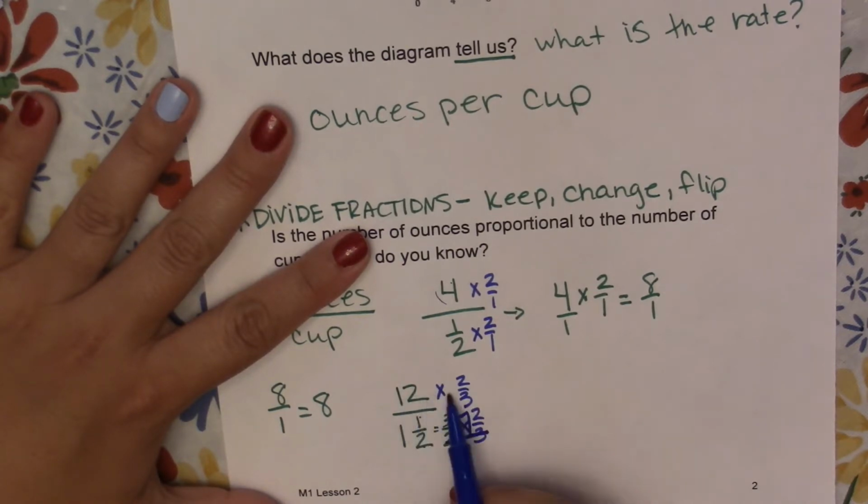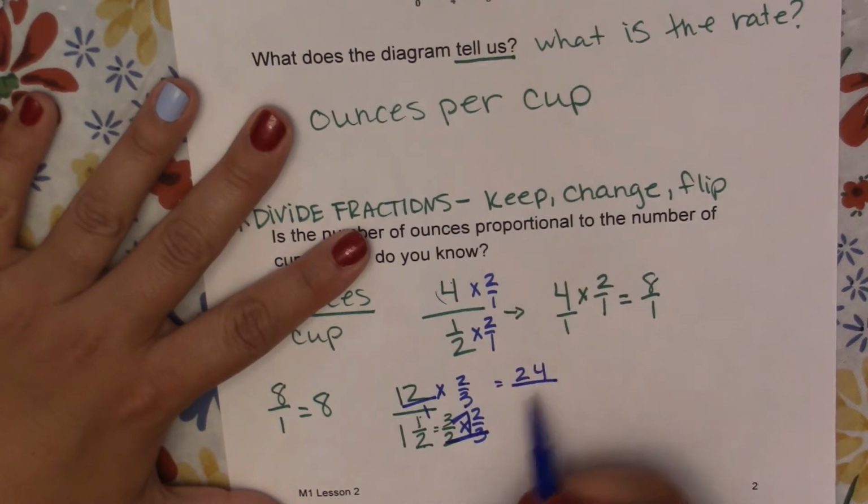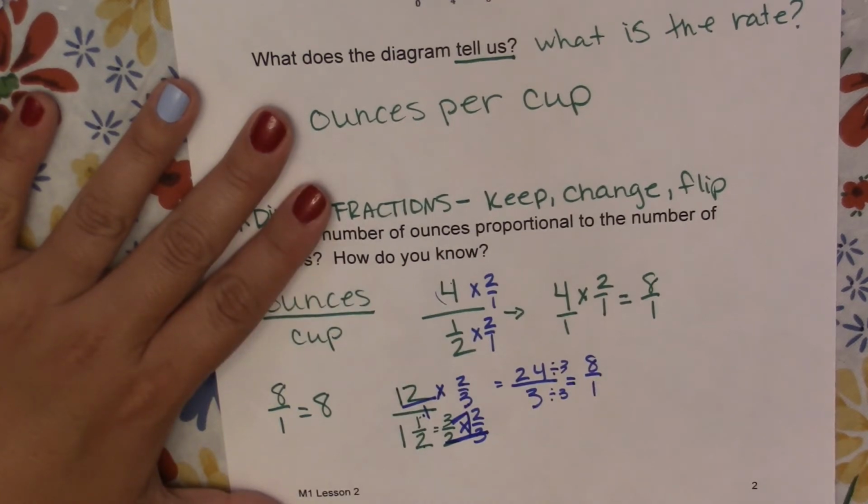All right, so now we need to multiply. Make that into a fraction. 12 times 2 is 24. 1 times 3 is 3. And if we simplify this down, so divide both by 3, we get 8 over 1, or 8.